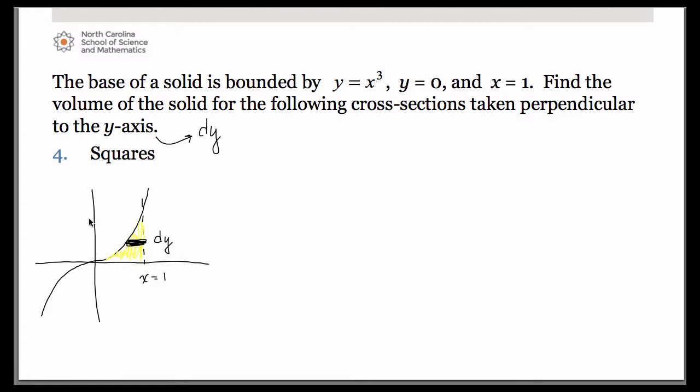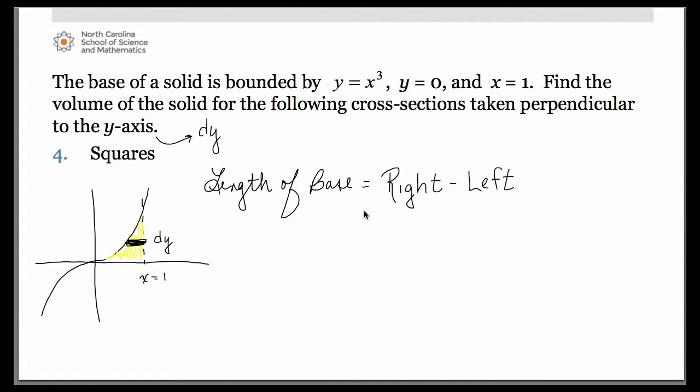So we otherwise follow the same process. The first thing we want to do is find the length of that representative rectangle that is our base. This time though, since it's going horizontal, we want to go right minus left as opposed to top minus bottom. So on the right side, it's hitting the vertical line 1.